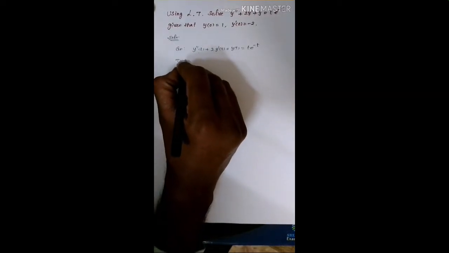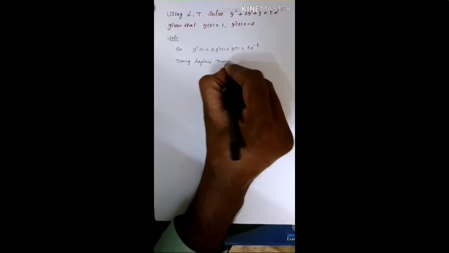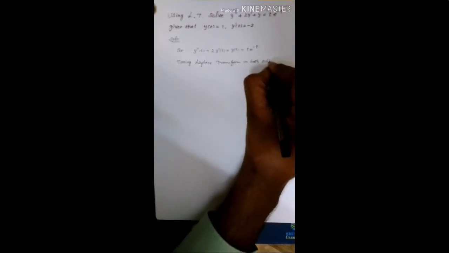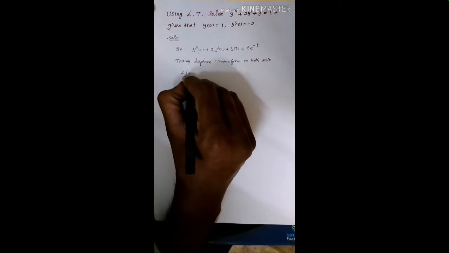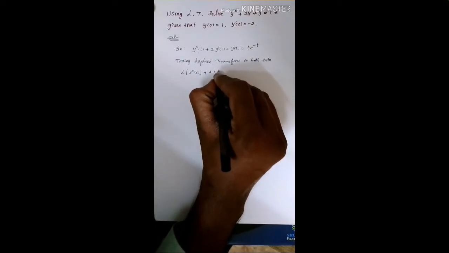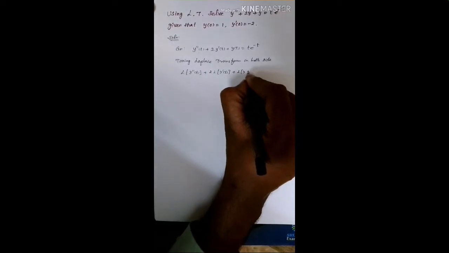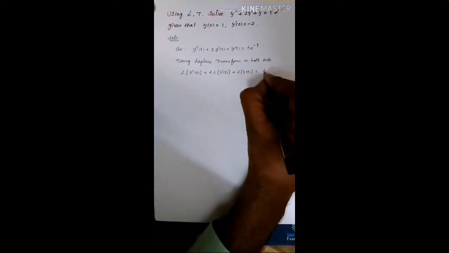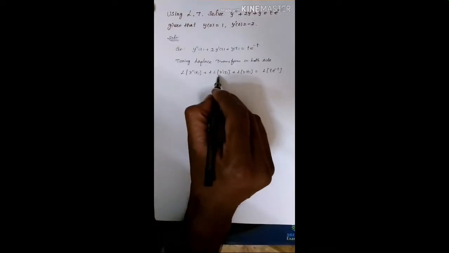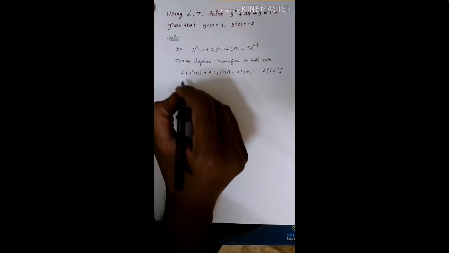Then taking Laplace transform on both sides, we can get Laplace transform of y double dash of t plus 2 into Laplace transform of y dash of t plus Laplace transform of y of t equal to Laplace transform of t e power minus t. So here, if we take the Laplace transform of a constant, we can take the constant outside, so that's why here we have taken this 2 outside.